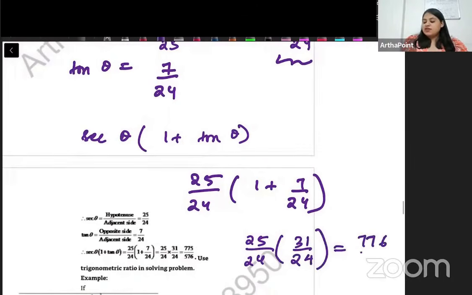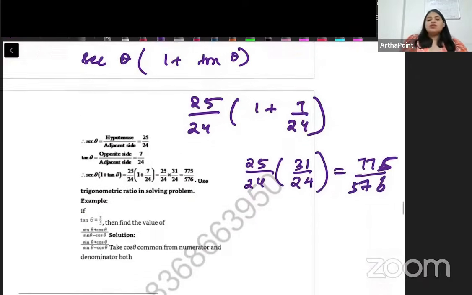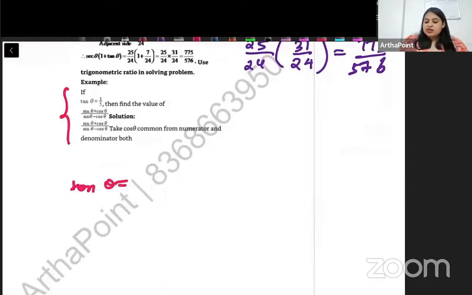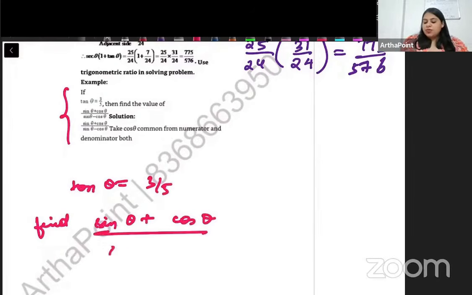So this will be 775 by 576. So that will be the answer to this question, right? Come to the next question. It says tan theta is 3 by 5. Find sine theta plus cos theta upon sine theta minus cos theta.